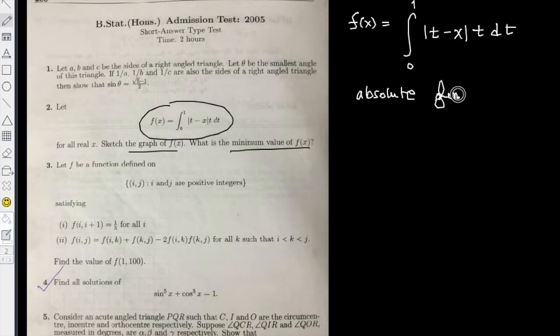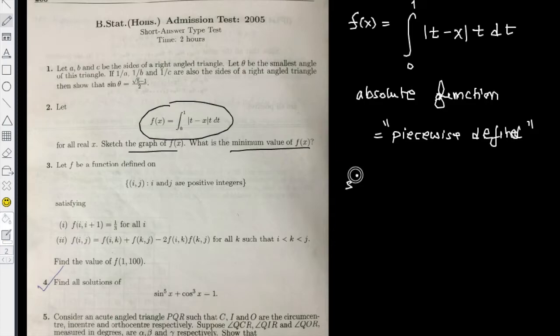Absolute value function is piecewise defined. Well, I should say sort of, because this is just a problem solving strategy. So your goal is always to lift the absolute value signs by suitably defining the domain.